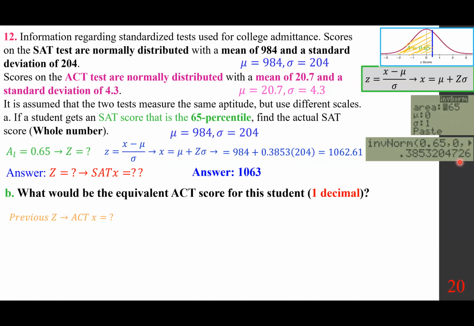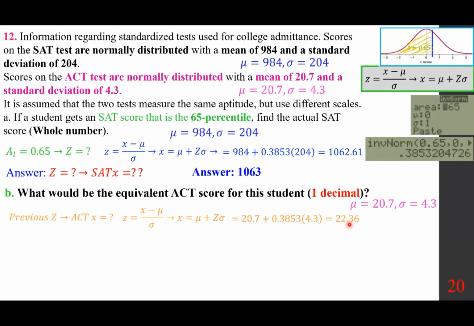So we are going to use this information and this formula, same z. Mu is 20.7, sigma is 4.3. Plug it in with the same z value as the previous part. So 20.7 plus 0.3853, because we ended up with 4 decimals, times 4.3, is 22.36. It says in this case to use 1 decimal.